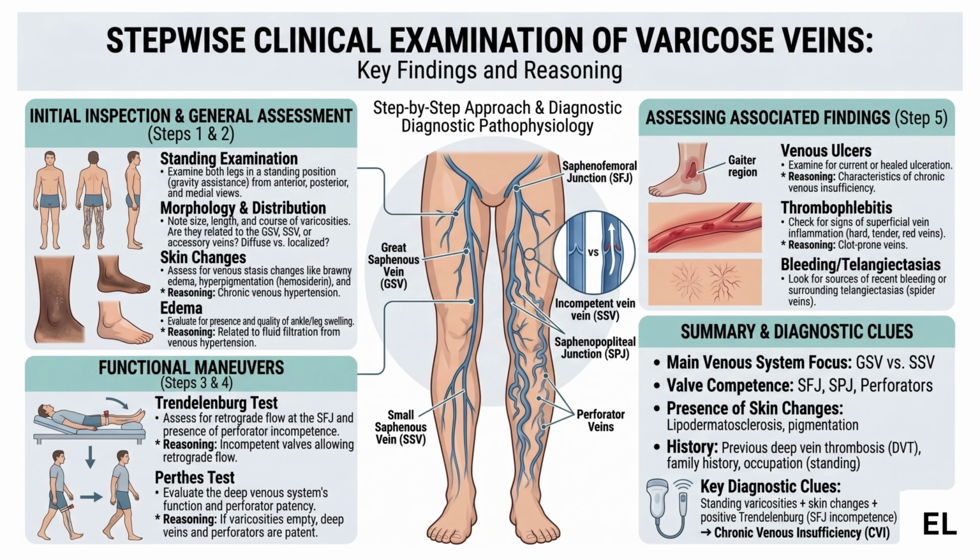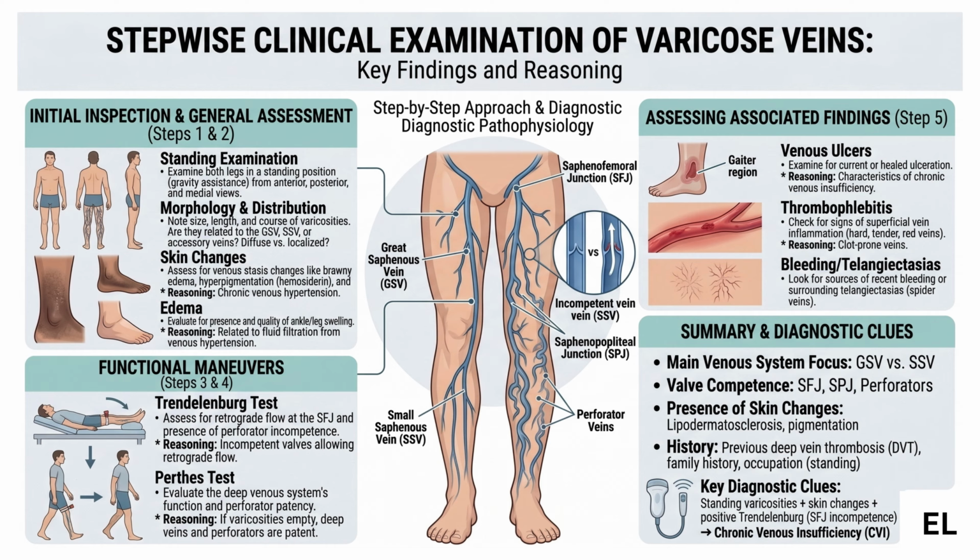The image also highlights the underlying diagnostic anatomy and pathophysiology of varicose veins. The great saphenous vein and small saphenous vein form the major superficial venous systems of the lower limb. Blood normally flows upward toward the heart with the help of competent venous valves and calf muscle pumping action.